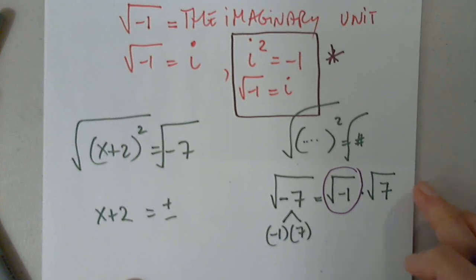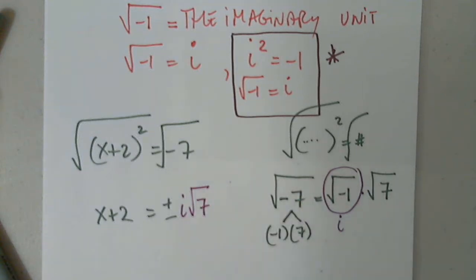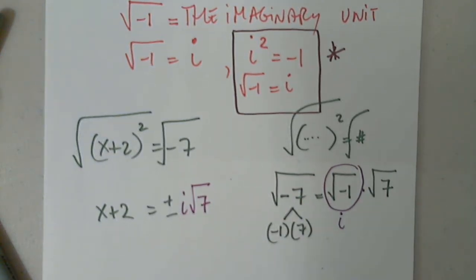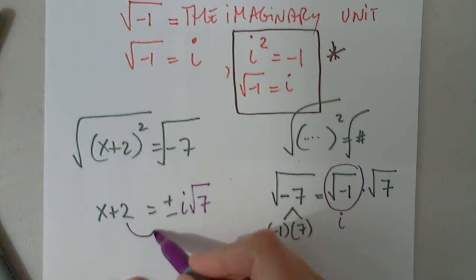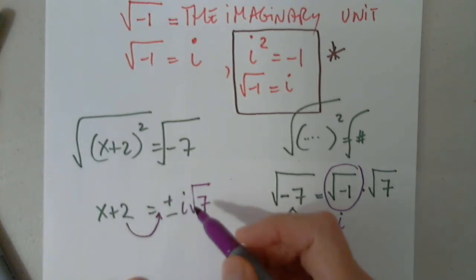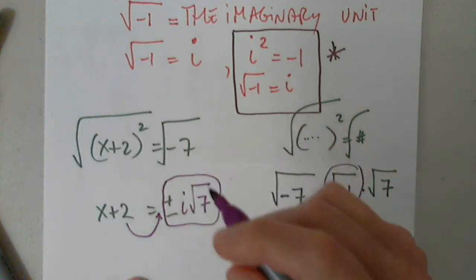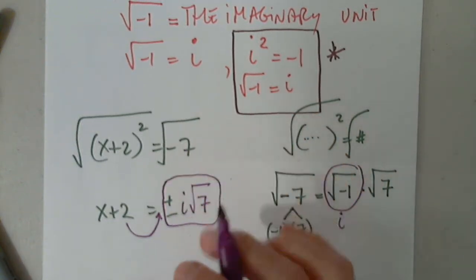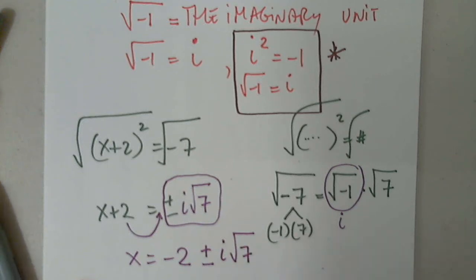What does it mean? Well, it's i. And now I go back and write i times the square root of 7. Is it done? Almost. All I have to do is subtract 2 from both sides. But I have to put it in front of plus or minus. I cannot separate these. These are one unit together. So then x equals -2 plus or minus i times the square root of 7.